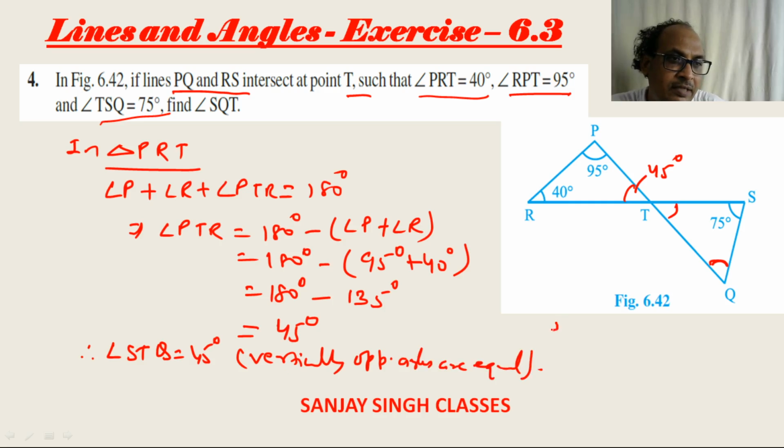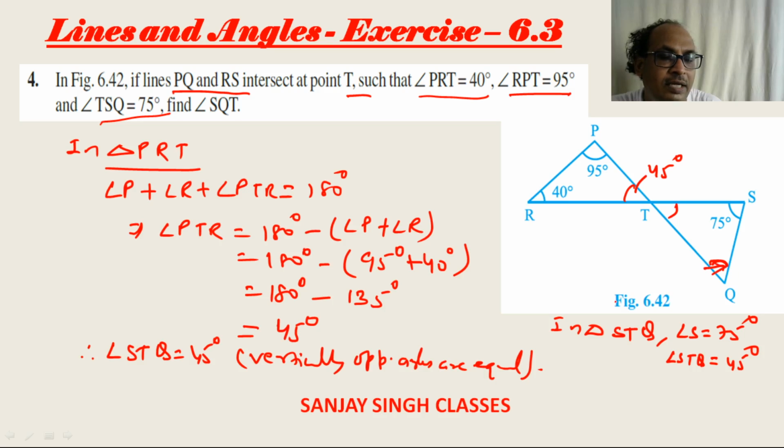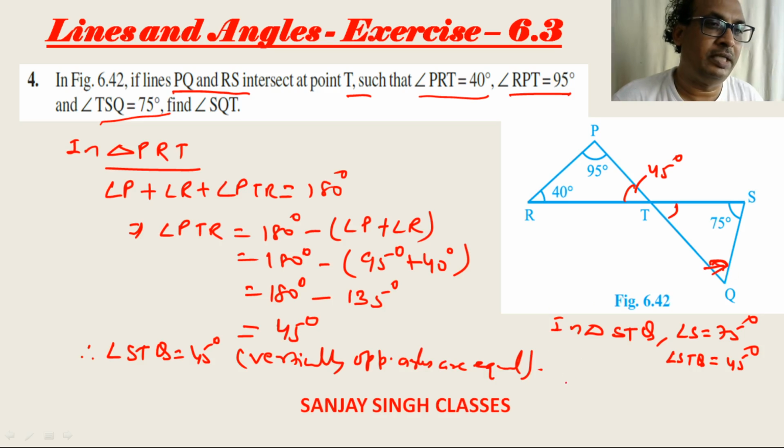Vertically opposite angles are equal. Now in triangle STQ, we have angle S equal to 75 degrees and angle STQ equal to 45 degrees. We can find angle SQT very well, again utilizing the angle sum property.